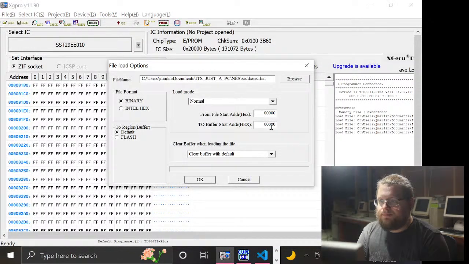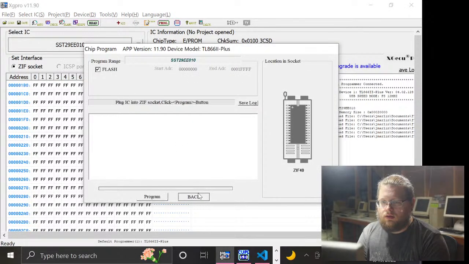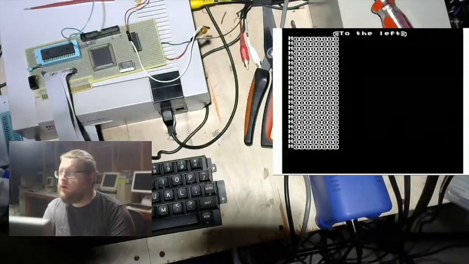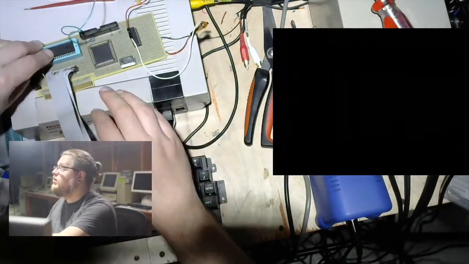Load it up, program it in. If I had a monitor, this would be way easier. Power off.